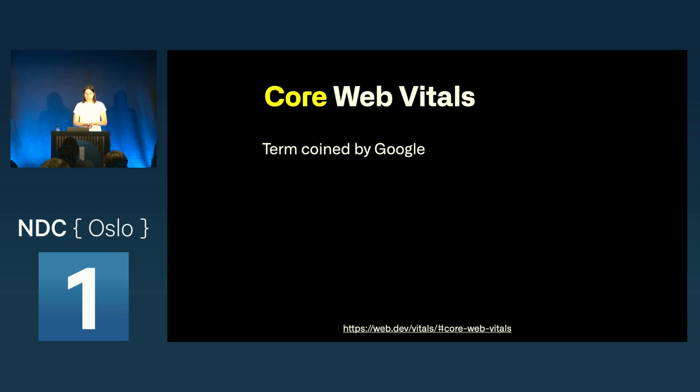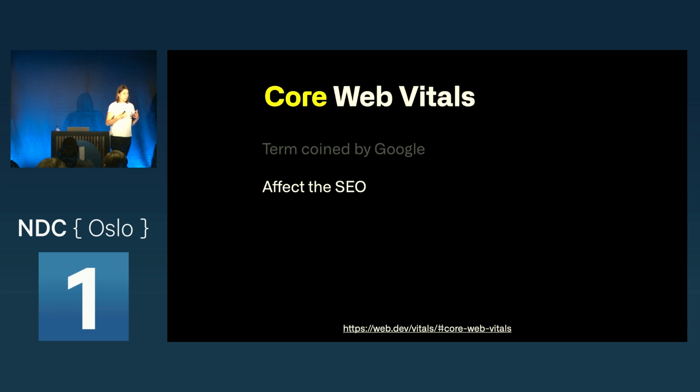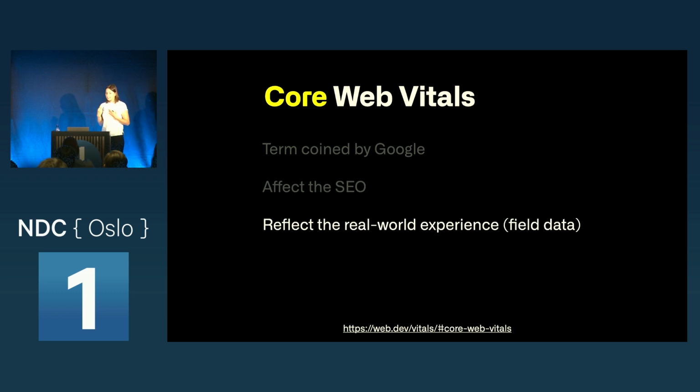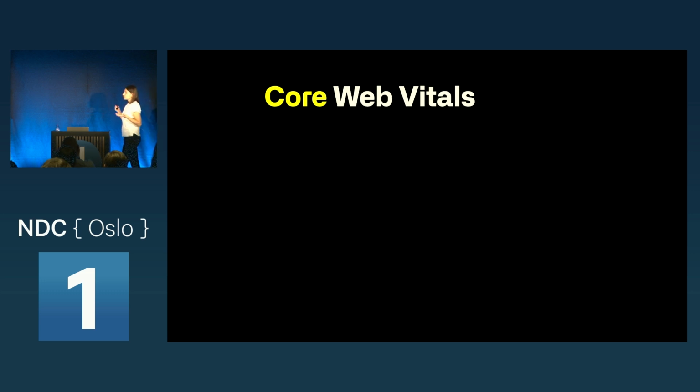So Core Web Vitals. They are important because they affect SEO. So basically, if your Core Web Vitals are worse, then your website is landing lower on the results page in Google. And they reflect the real-world experience, so they're based on the field data, so whatever your users are really experiencing. And for Core Web Vitals, there are 4 metrics.